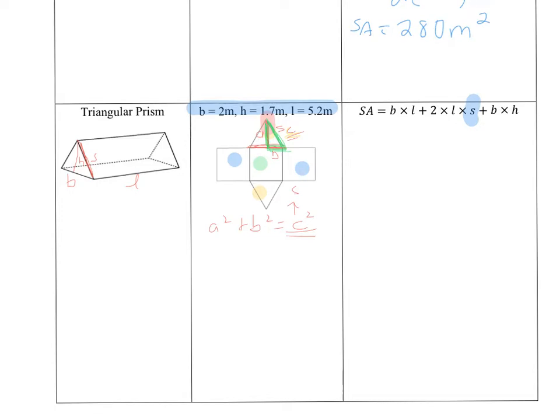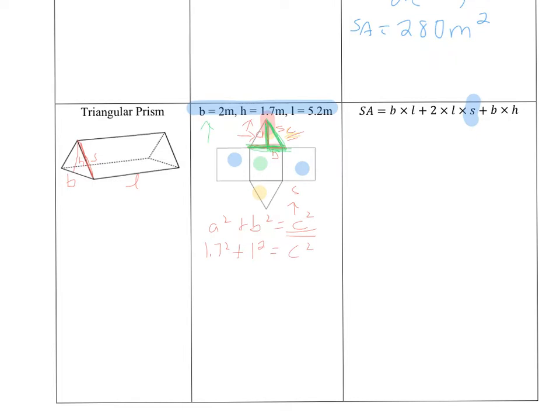Okay? So let's fill in information. A is the same as the height, so for A I'm going to put in 1.7, which represents my height. Now, looking at my B, I'm not using the whole length of B. I'm using half of the base. So half of the base, if you look at the base up here, is 2. Half of it is 1. So in the formula, I'm going to put 1 squared equals C squared.